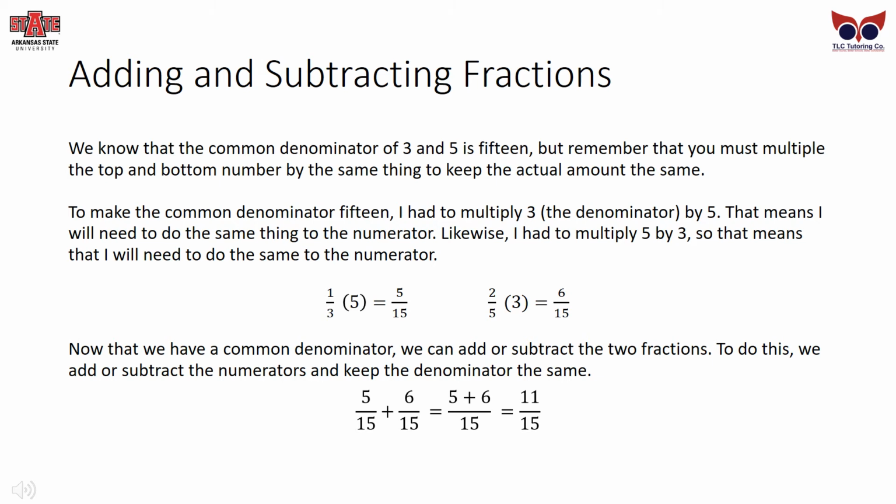Likewise, I had to multiply 5 by 3, so that means I will need to do the same thing to the numerator in this instance as well. Now that we have a common denominator, we can add or subtract the two fractions. To do this, we add or subtract the numerators and keep the denominator the same.